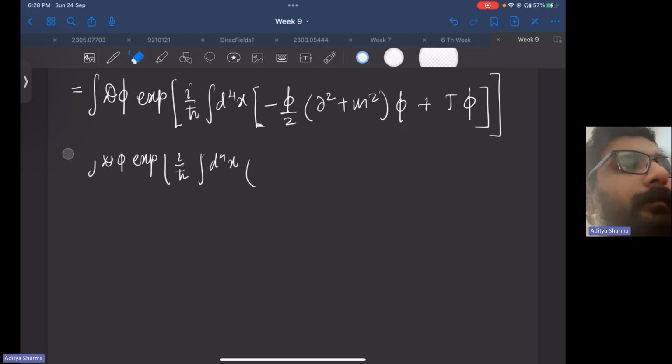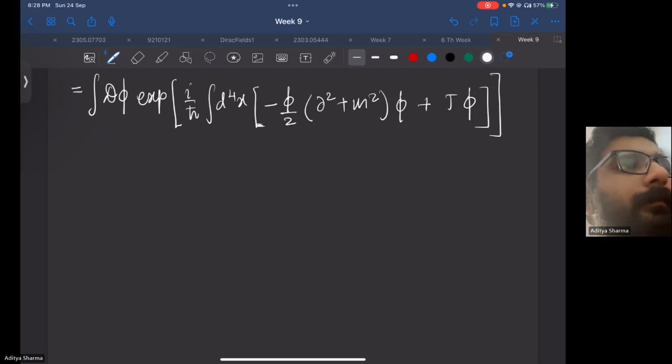So I want to incorporate the information that the classical equation of motion will give me.